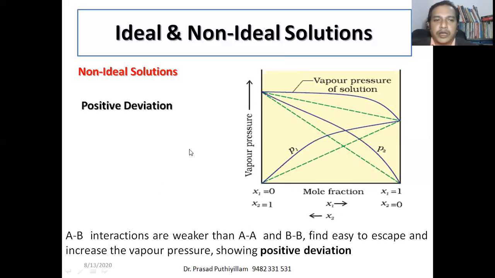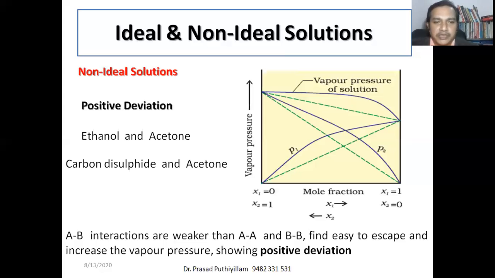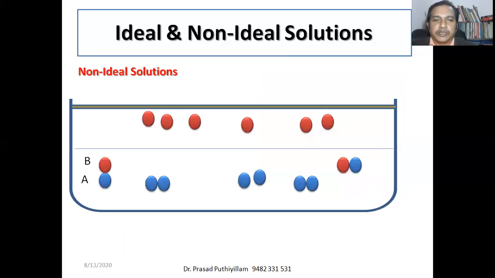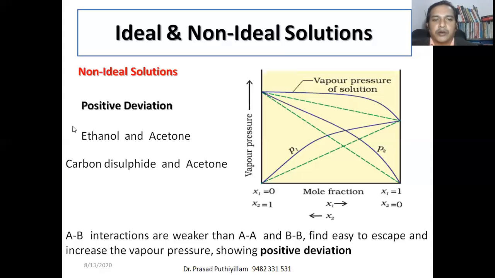That means the solute-solvent interaction is weaker than the solvent-solvent interaction. It shows positive deviation. Example, ethanol and acetone mixture, and carbon disulfide in acetone mixture both show positive deviation. So two examples are given, ethanol and acetone, as well as carbon disulfide and acetone.